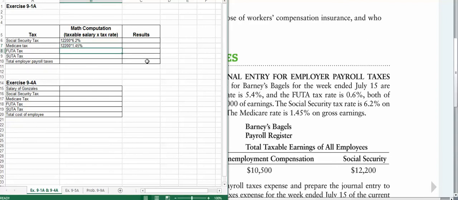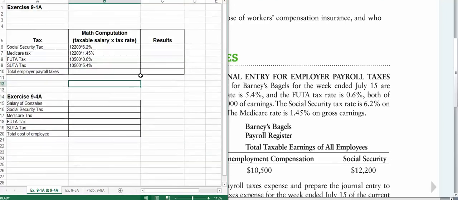FUTA and SUTA are only based on unemployment, so we're going to use the 10,500 times 0.6% and 10,500 times 5.4%. A lot of students do get these two confused, so make sure you use the correct one.